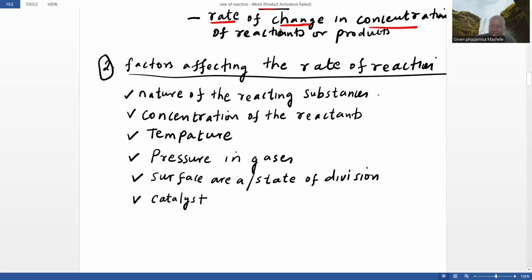Here, when we say the nature of the reacting substance, we are referring to substances that are in solids, substances that are in gases, and substances that are in liquid.